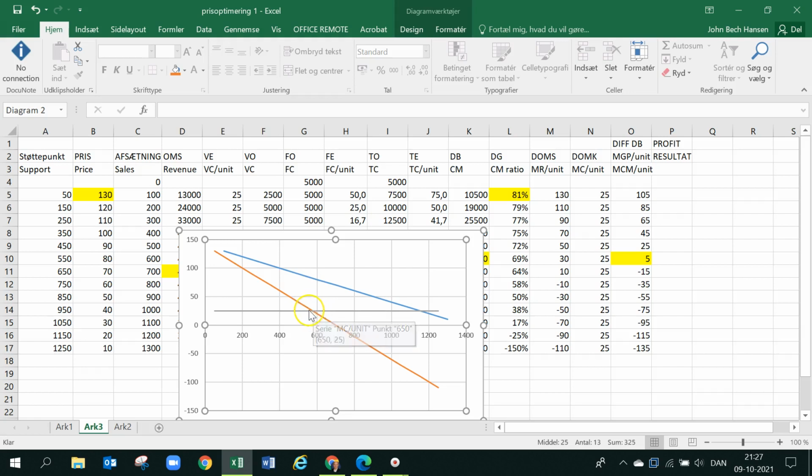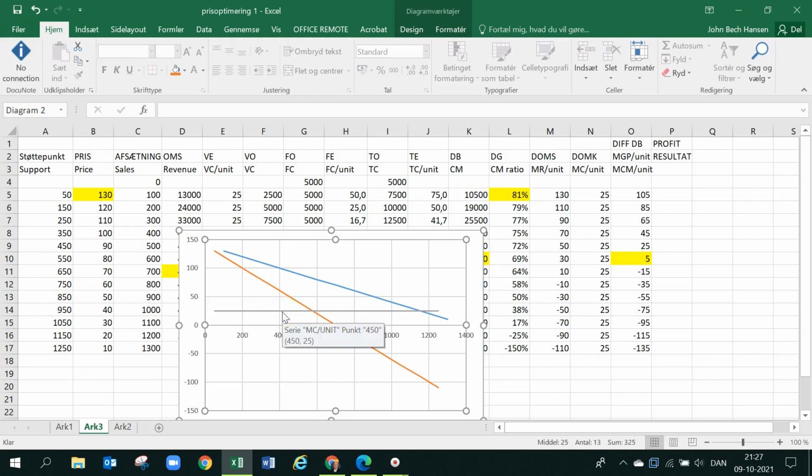But we get the same result, of course, something like 600, and be aware that we have to go up and say, well, if we have a sales of 600 units, we'll have to go up and read the price in the price line up here, and that will be something around 80, is it? Something like that, I think.